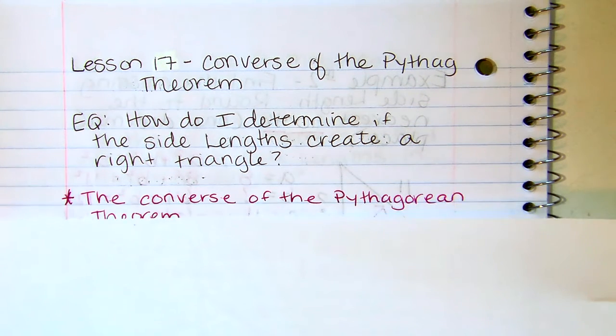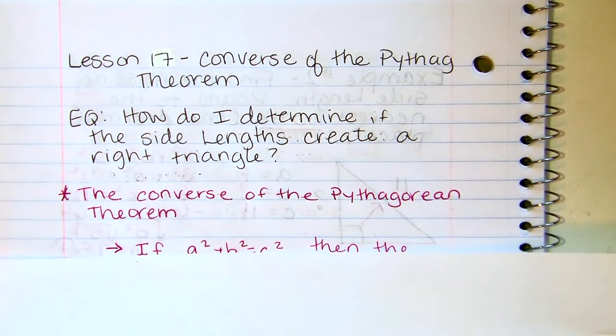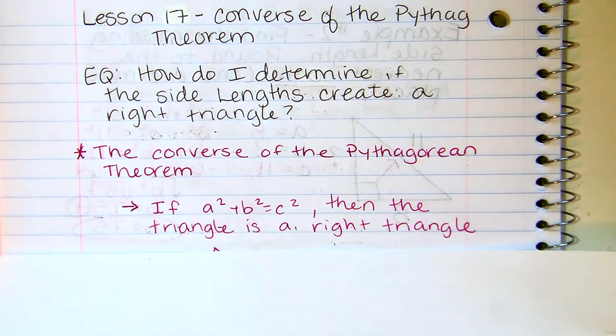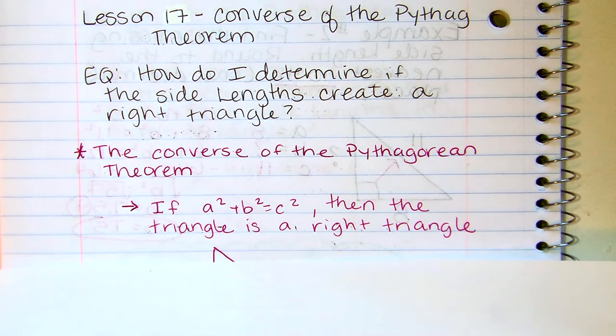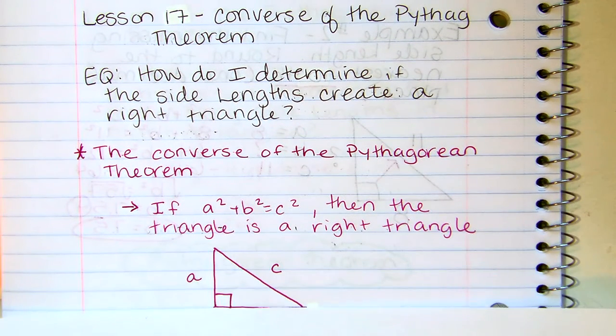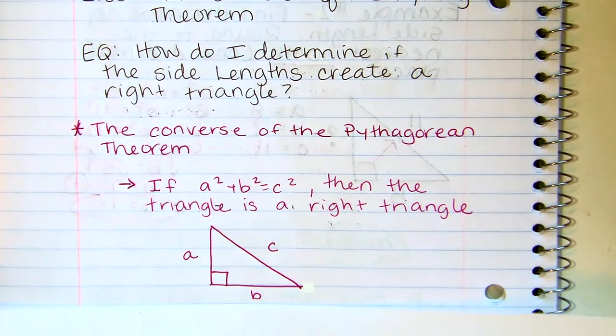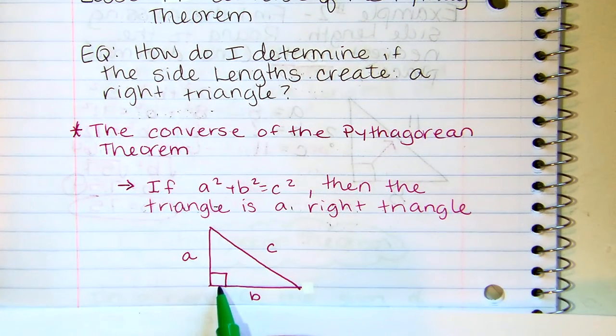So here we go. The converse of the Pythagorean theorem. The converse basically states that if a squared plus b squared equals c squared, then the triangle is a right triangle. This is a way for us to prove, without being given this right angle, if we actually have a right triangle.